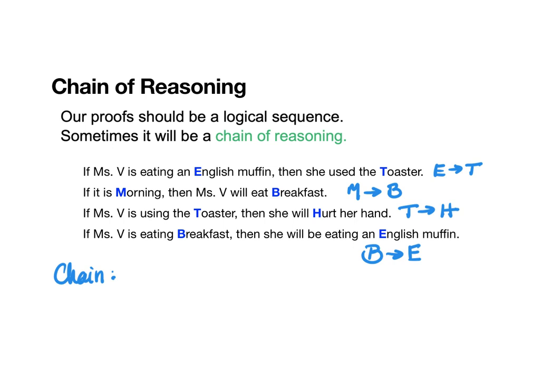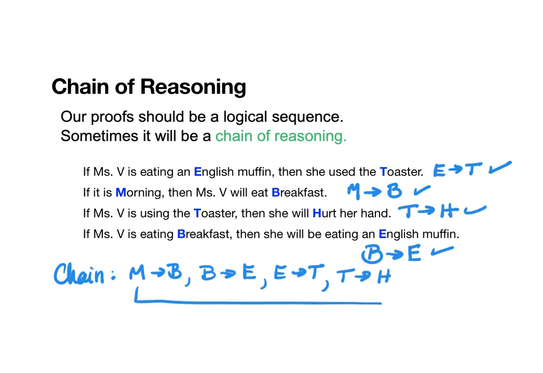So we can put this together in one big chain, or transitive property. And what we want to do is link all the pieces together. So if I have M implies B, that's this guy. Let's see where B goes. B implies E, that's that guy. And then E implies T, that's that guy. And then T implies H, that's that guy.